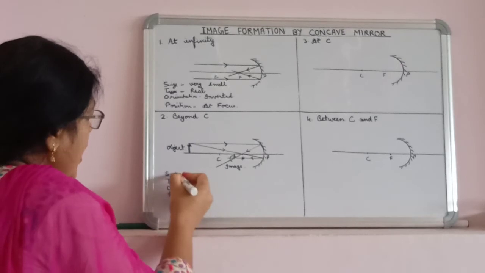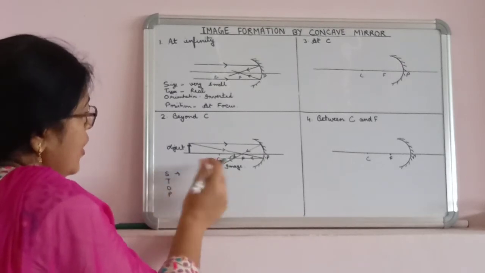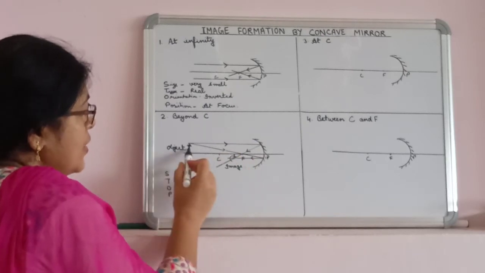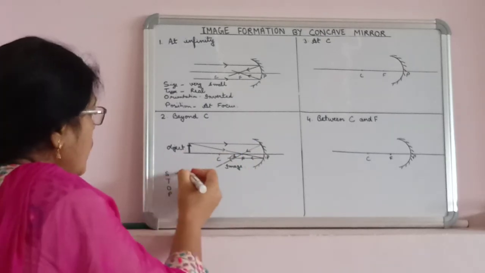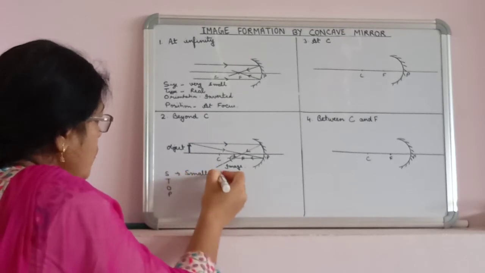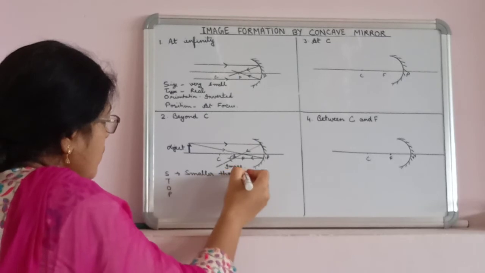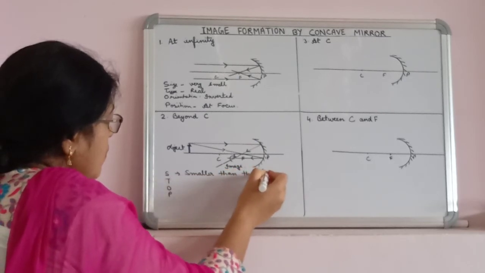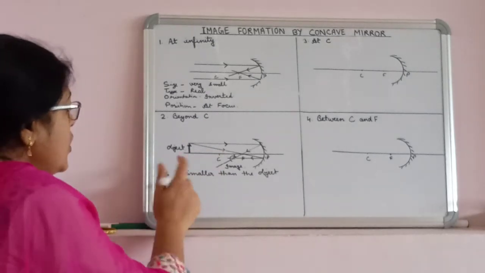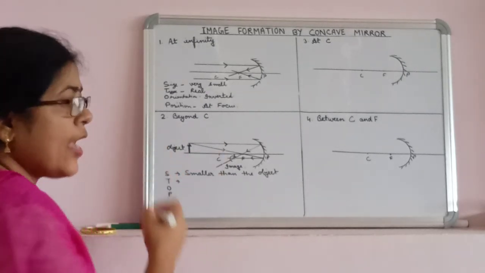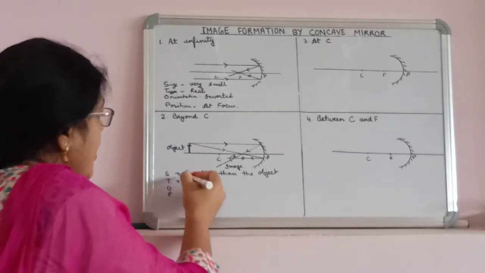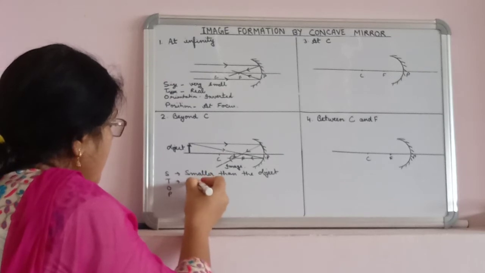See. Okay. Now again we can easily write down the 4 points to show the properties of the image. Stop. S stands for size. So you can compare the size. The image is obviously smaller than the object. Then the type. As it is forming by the real intersection of the reflected rays, it is going to be a real image.